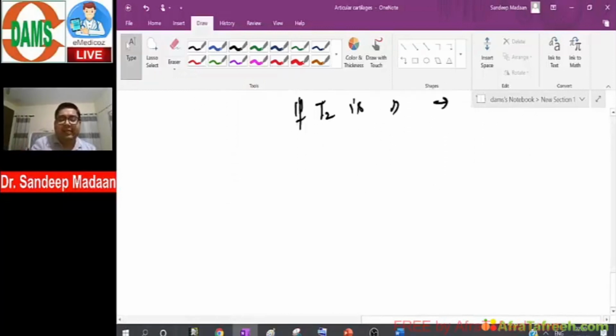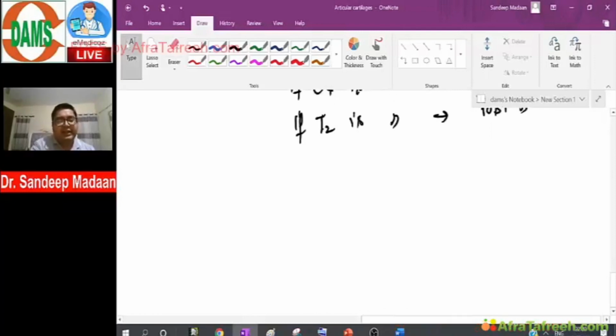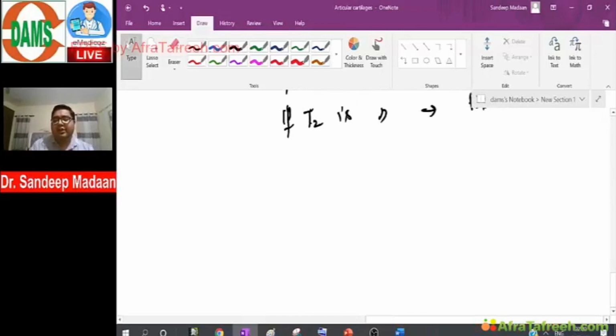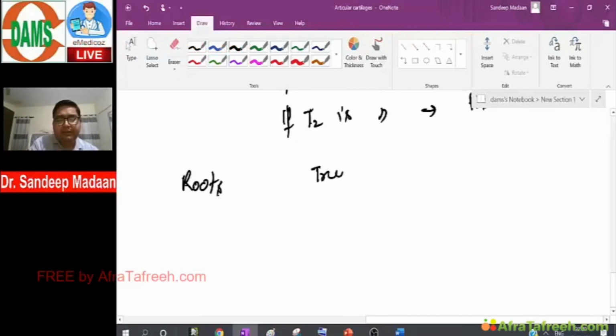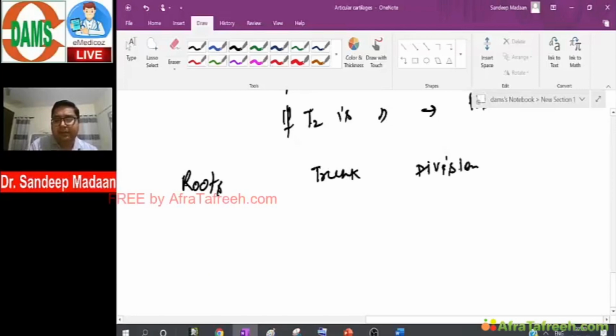Now to understand the brachial plexus formation, you need to remember these things, that is RTDC. What is RTDC? Root, trunk, divisions and chords. Okay, so we have roots, trunk, division and chords.